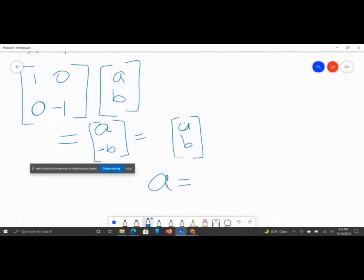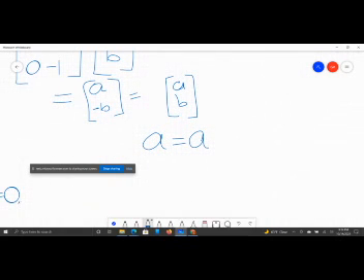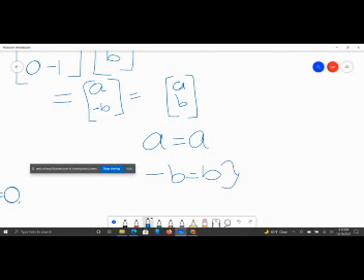Which then means that A is equal to A. Doesn't tell us too much, but negative B is equal to B. And so that's an automatic giveaway that B is equal to 0.